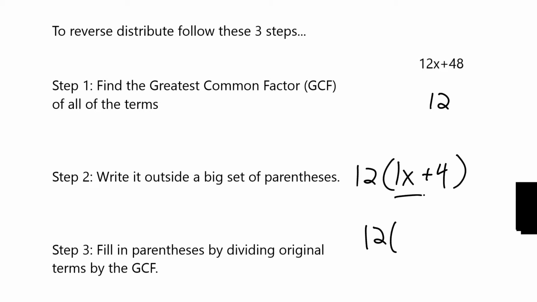It is unnecessary to write the 1 in front of the x, but you are more than welcome to do so if it helps you keep track of your work. Once you have finished dividing every single term, you have reverse FOILed.